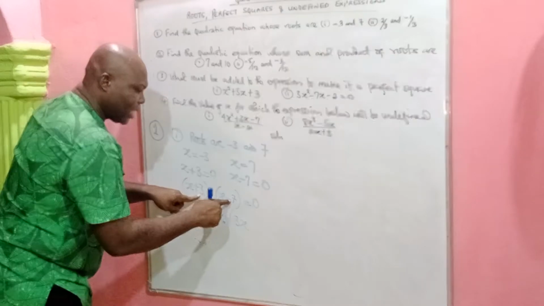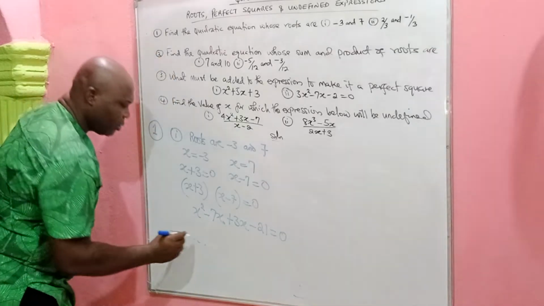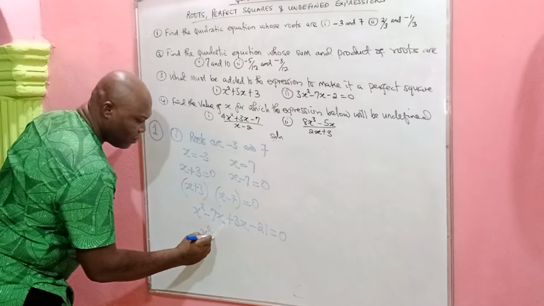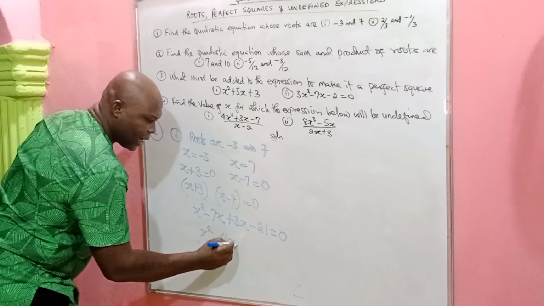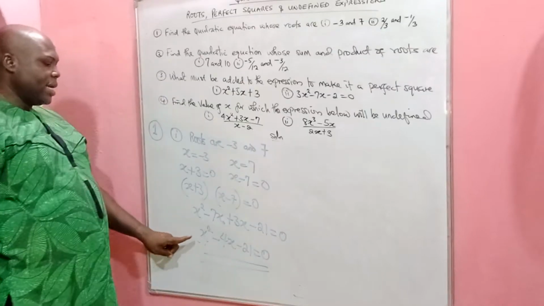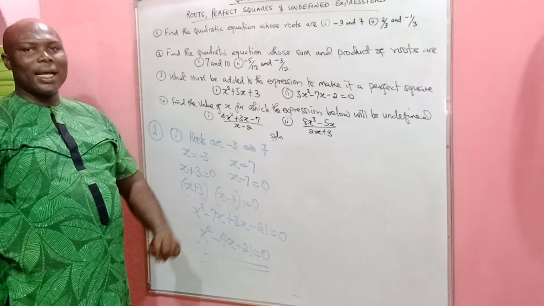And 3 times minus 7 gives minus 21, equals 0. So x squared minus 7x plus 3x gives minus 4x, and then minus 21 equals 0. This is a quadratic equation that has these as the roots.